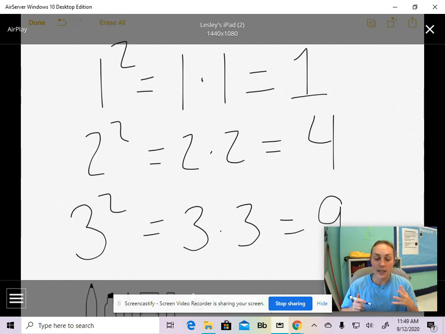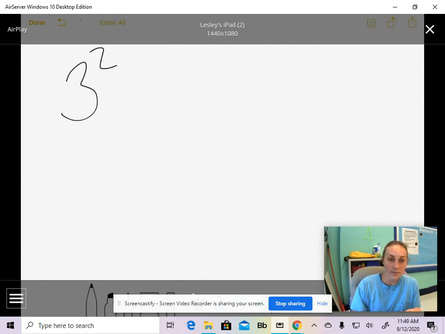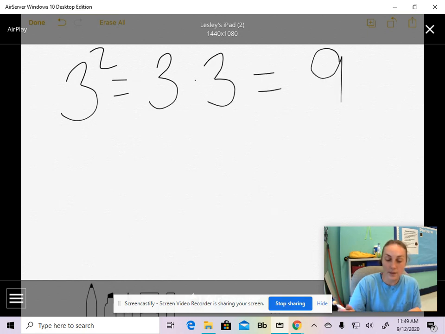So the inverse of a square, or to get rid of a square, would be to square root the number. So let's do 3 squared again. That equals 3 times 3, which would equal 9, right?